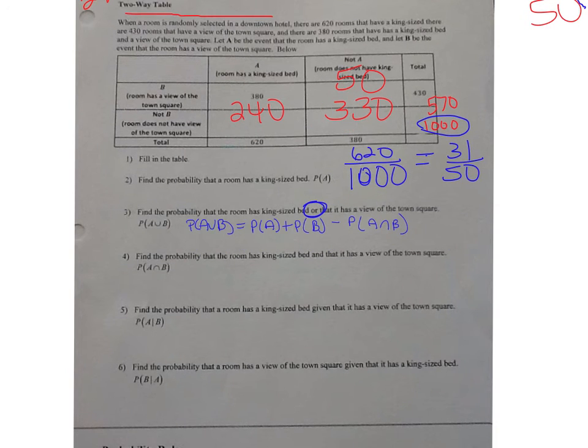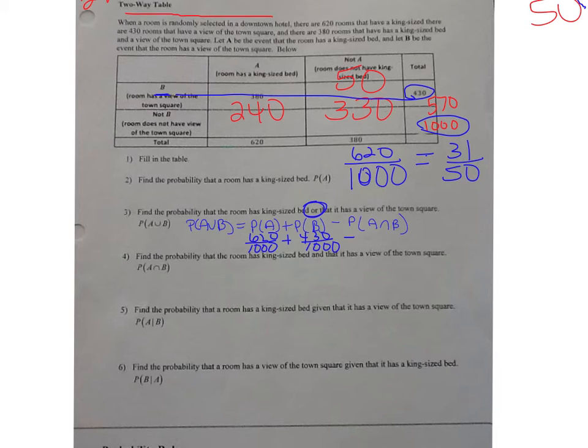Okay, first we're going to start with the probability of A, which is the probability that we have a king-size bed, and that would be 620 out of 1,000, plus the probability of B, which is right here, so that would be 430 out of 1,000, minus the probability of A and B, that's the intersection.